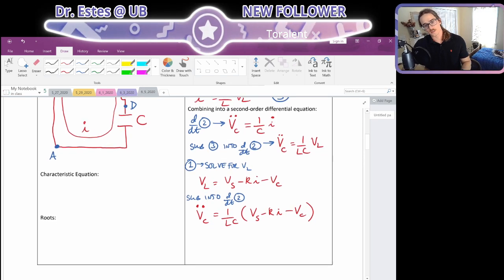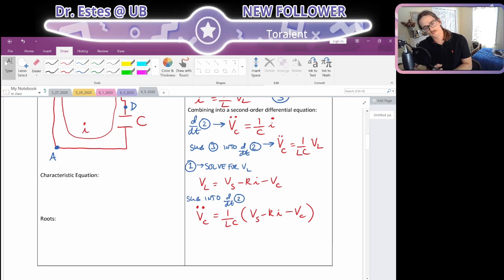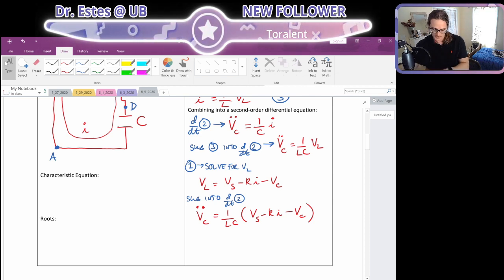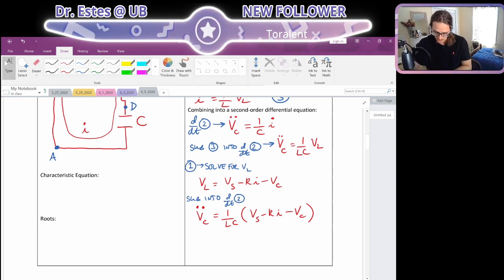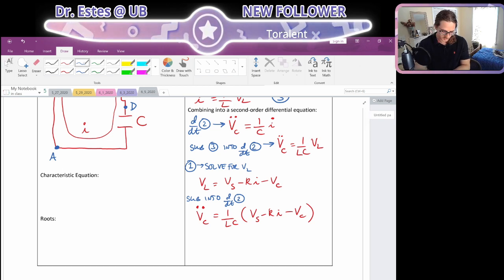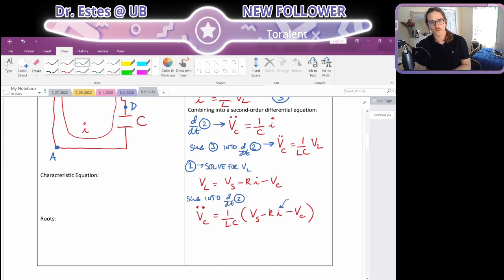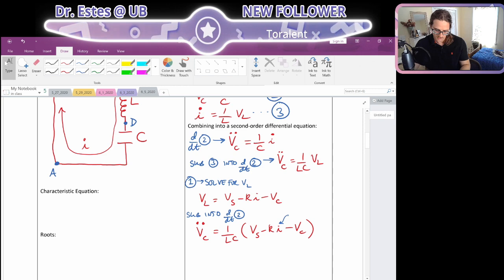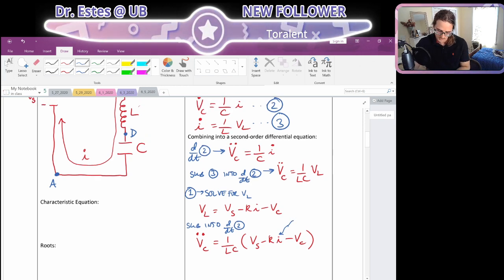Now what I want is a differential equation that relates the capacitor voltage and its derivatives to the source voltage. And so I want to get rid of this current term, and I want to write it in terms of VC. Well, from equation 2, I is equal to C times VC dot.